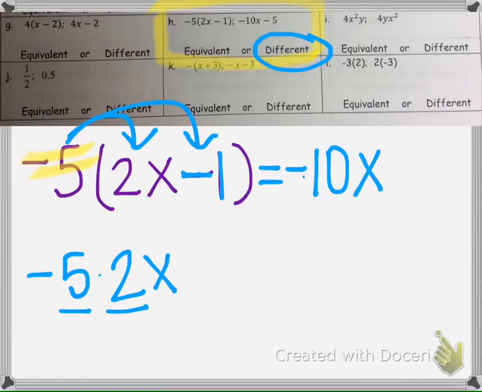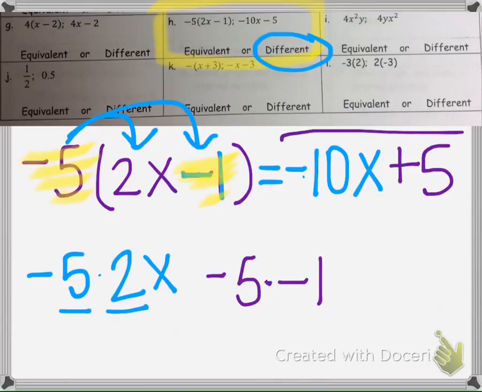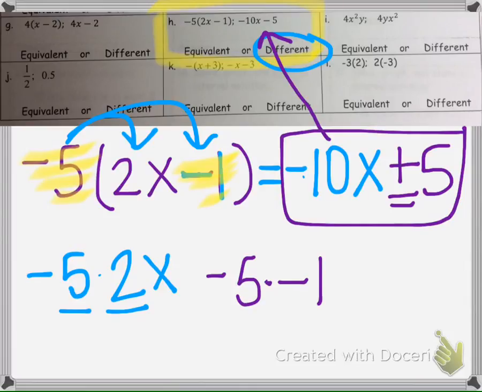So again, we're doing negative 5 times negative 1 here. So negative 5 times a negative 1 would make positive 5. So as you can see, this is not equivalent to negative 10x minus 5. So this has a plus 5, whereas this one had a negative 5 there.